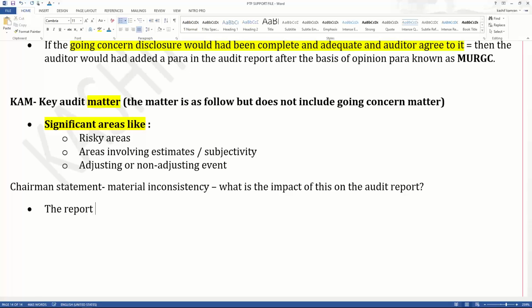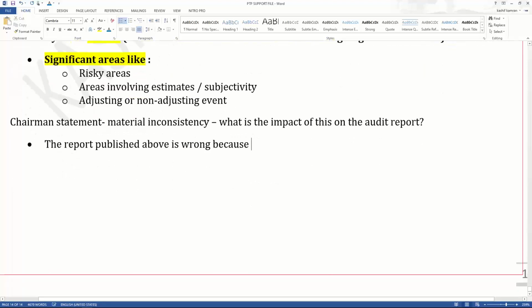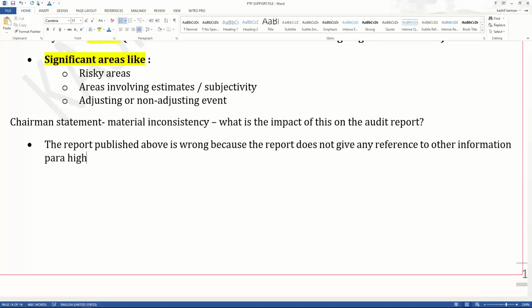The report published above is wrong because the report does not give any reference to an other information paragraph highlighting the material inconsistency in the chairman statement.